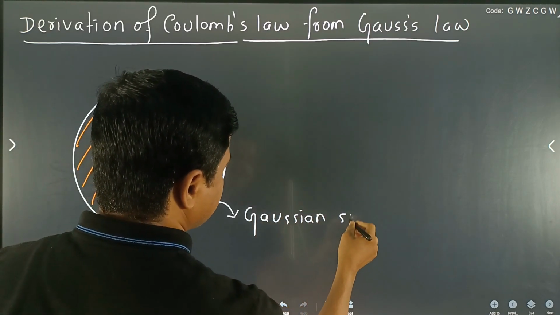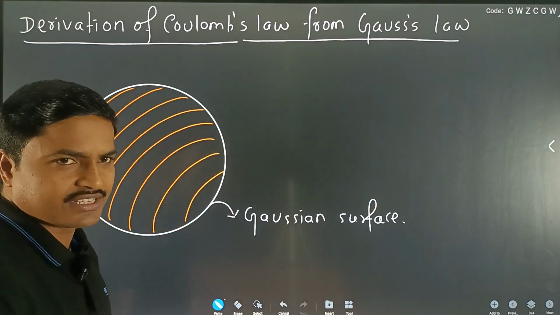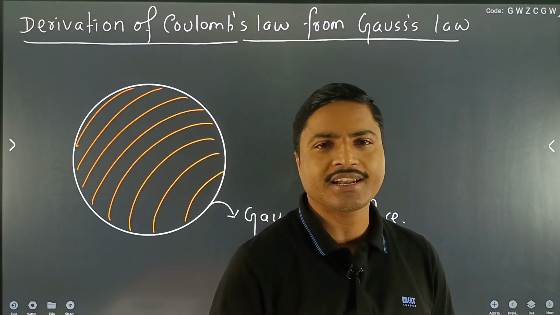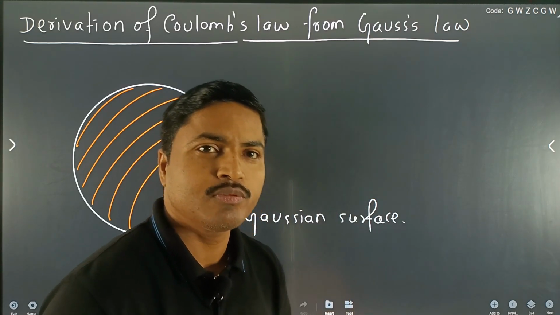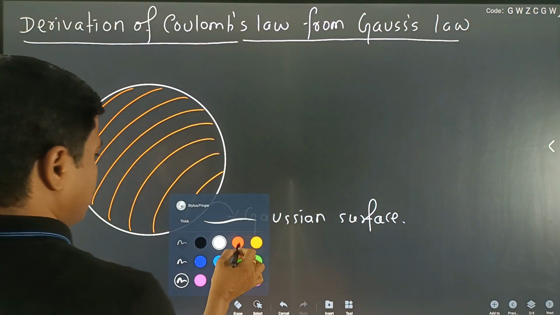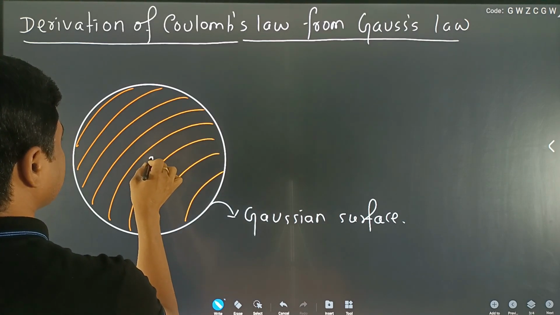That is a closed surface, which may be a spherical surface, a cube, or cylindrical, and this point is the center of the Gaussian surface.